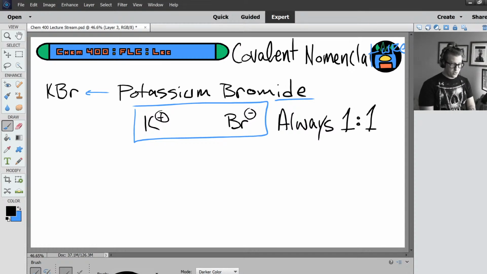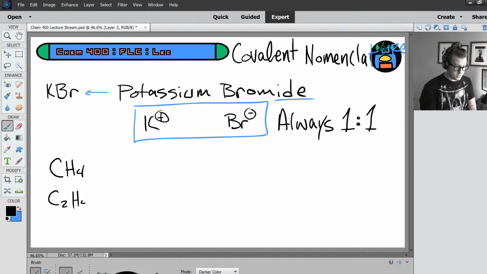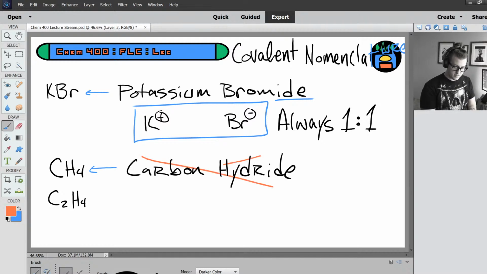With covalent compounds, it's not that cut and dry. For example, you could have a compound that is CH4. Another compound made of carbon and hydrogen is C2H4. We can't just call this carbon hydride, because then how do you tell it apart from this?